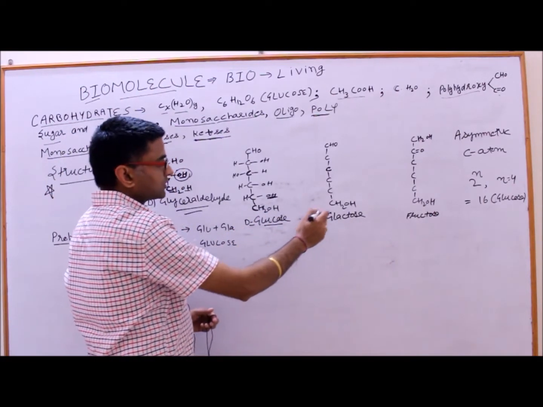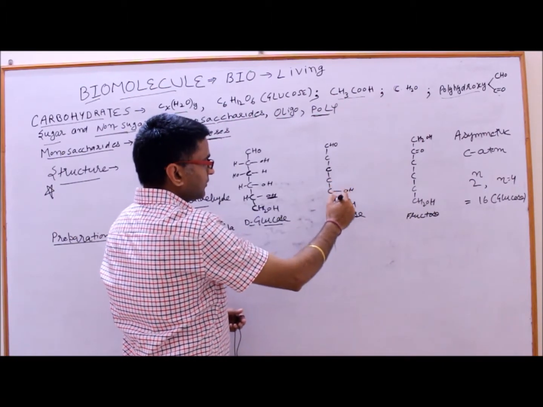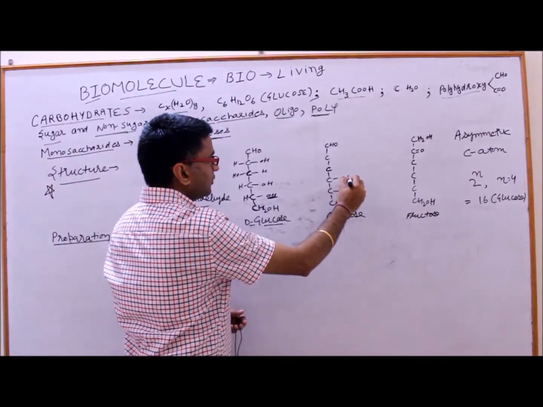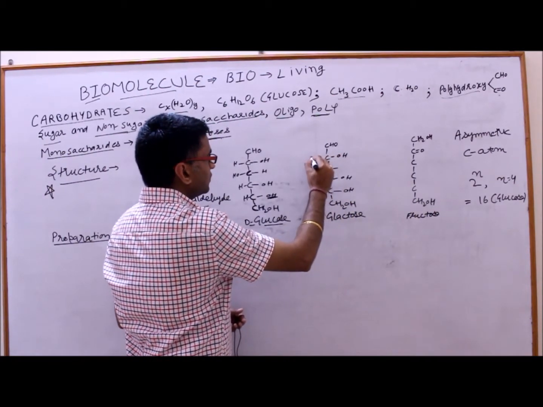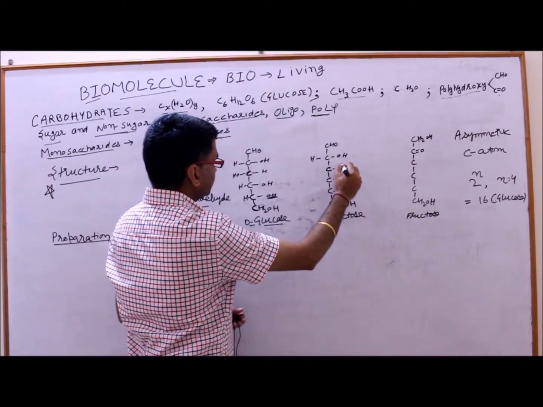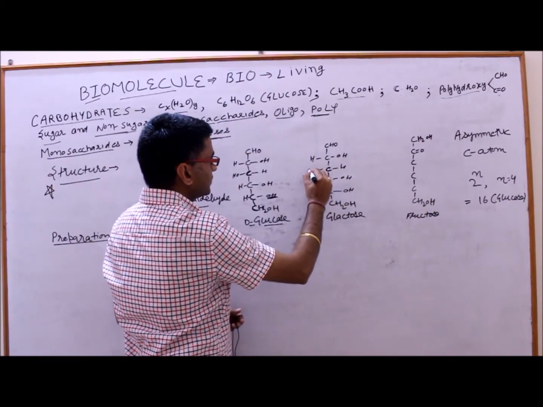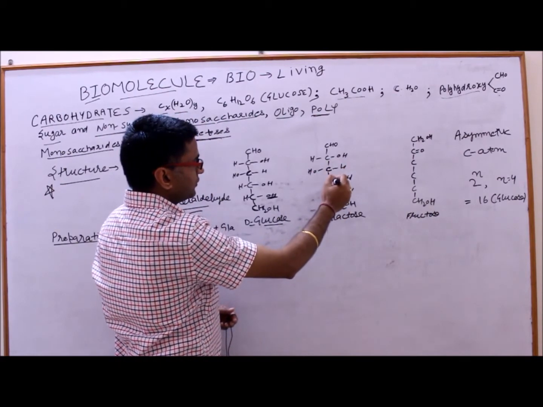In case of galactose, let's draw the full structure. OH, and then we have again OH, we have again OH, we have H, and then we have H, we have OH, and then we have 1, 2, 3, 4.